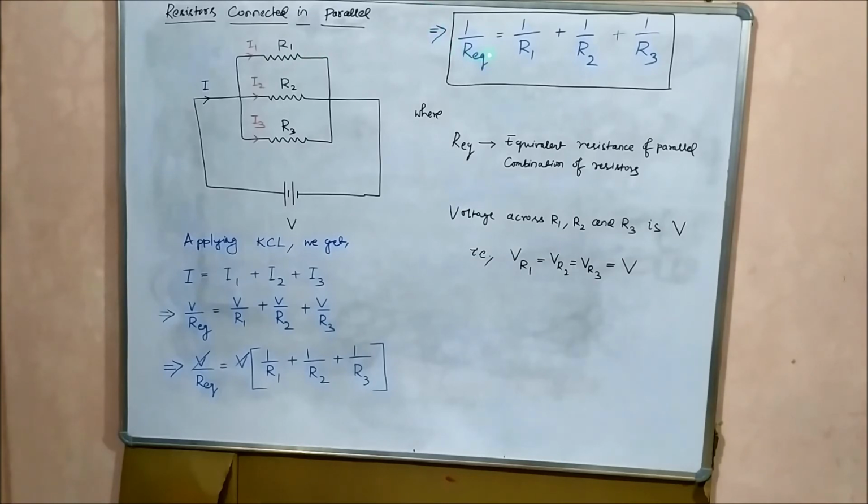In series connection, the equivalent resistance was simply the sum of the individual resistors. Here, the reciprocal of the equivalent resistance is equal to the sum of the reciprocals of the individual resistors. So that is the expression for equivalent resistance for parallelly connected resistors.